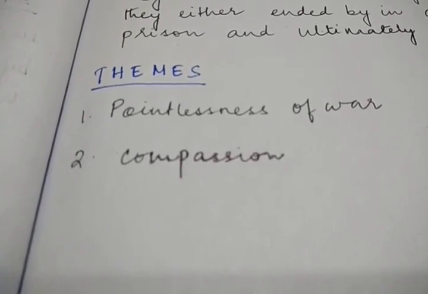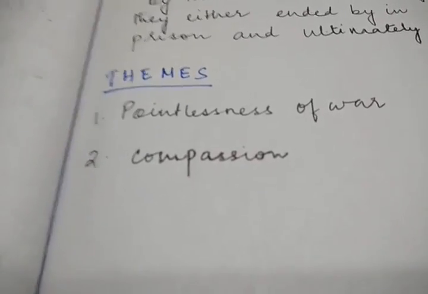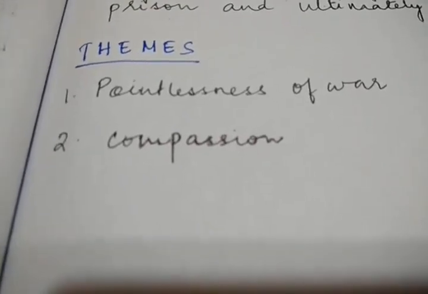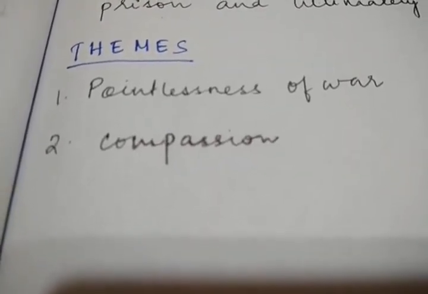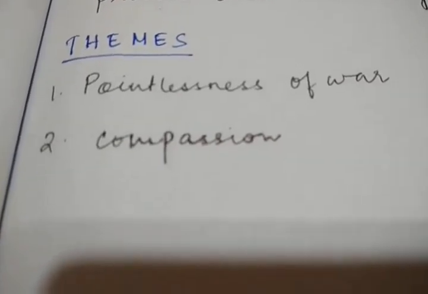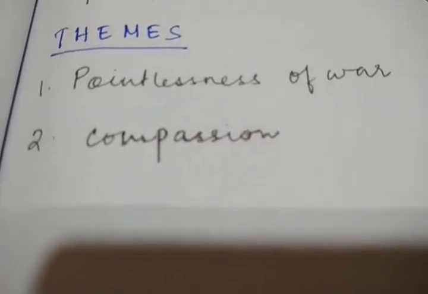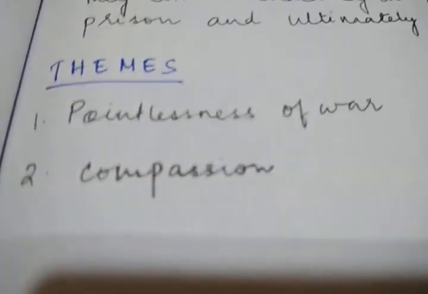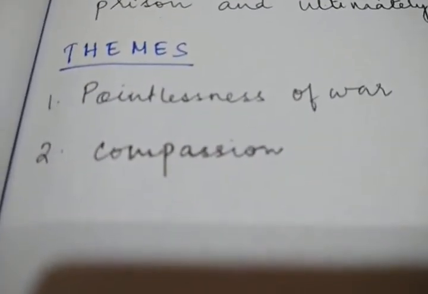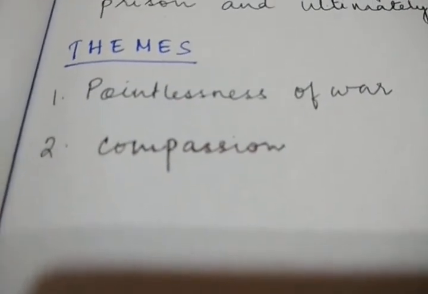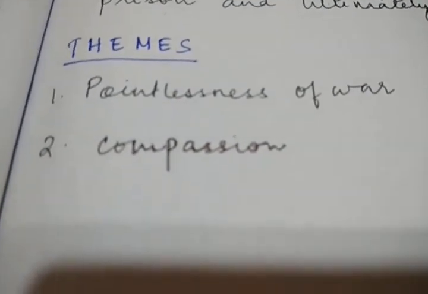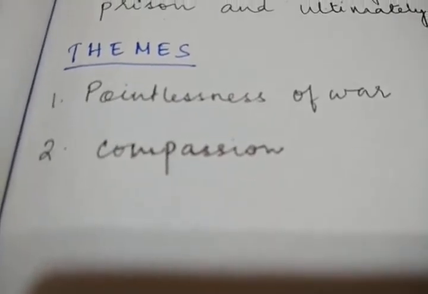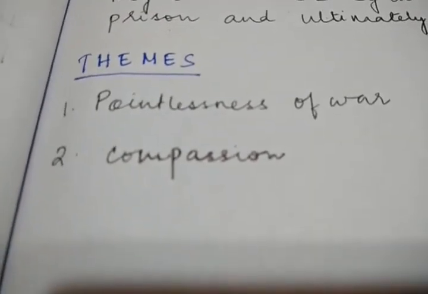It also highlights the theme of compassion. The theme of compassion is reflected through the narrator or the author himself. The author is a friend in need of the old man. He listens to the inner conflict, the guilt consciousness of the old man very patiently, and also requests the old man to move towards safety.